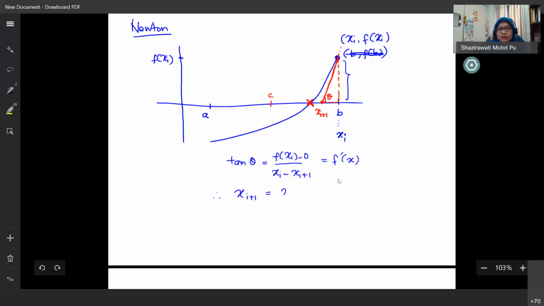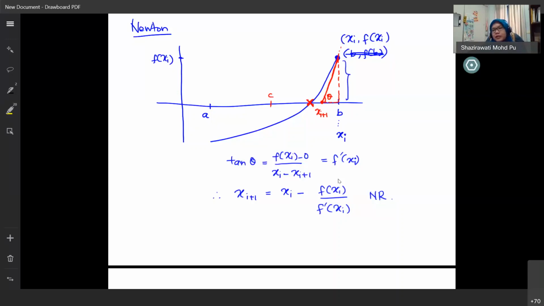So you have xi minus f(xi) over f prime(xi). This is the Newton-Raphson formula. This is just for your knowledge, so that you don't simply memorize the formula without knowing the justification, how you derive it, and how you suddenly come out with the derivative in the formula.